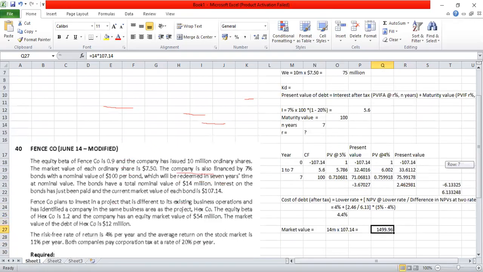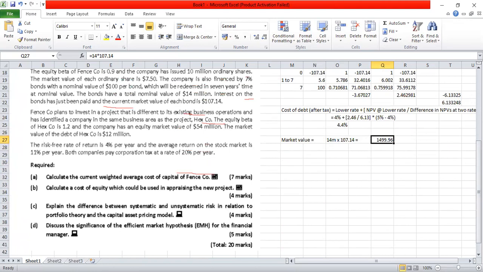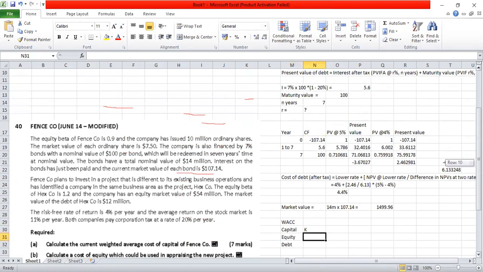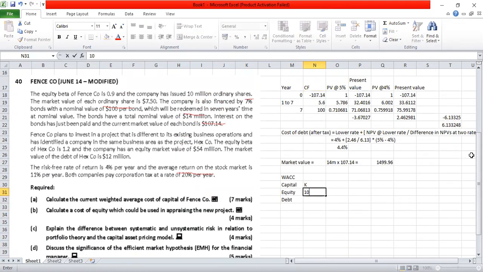Can we find out what is the weighted average cost of capital? We can take the two types of capital, equity, then debt. Then take the cost of capital, K. K for equity, we got it as 10.3%. Then debt, we got it as 4.4%.